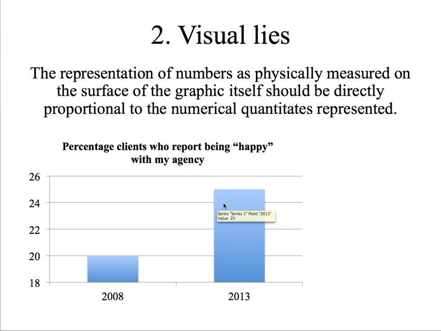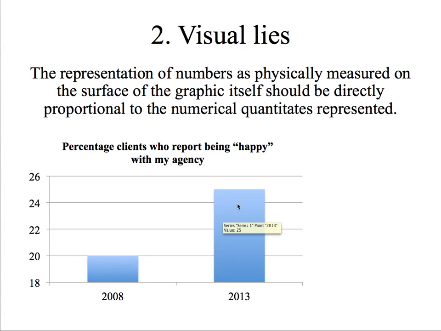Let's see what this graph is showing. This is the percentage of clients who report being happy with my agency. This is the percentage in 2008. Let's read this: in 2008, 20% of clients were very happy with the agency. In 2013, the number is 25%.